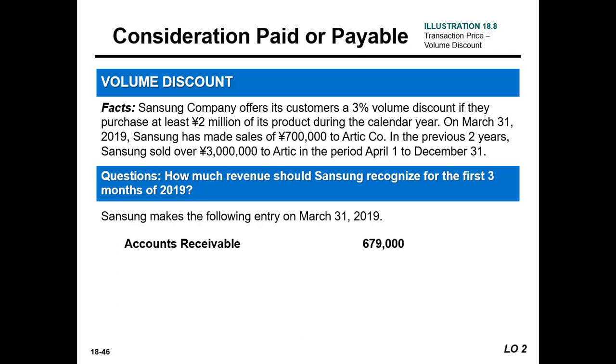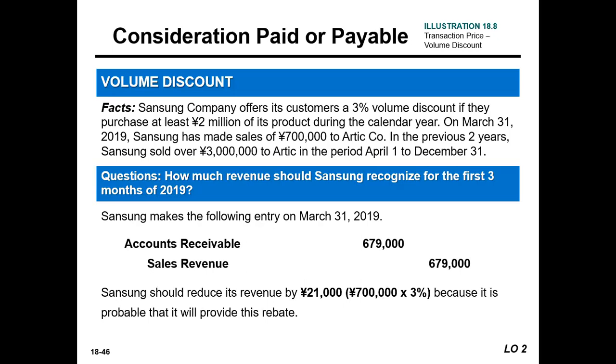So debit accounts receivable, $679,000. Credit sales revenue, that is 700,000 times 3%.